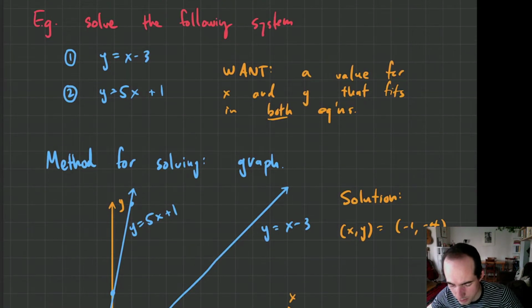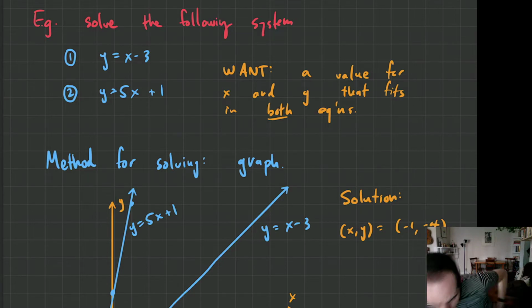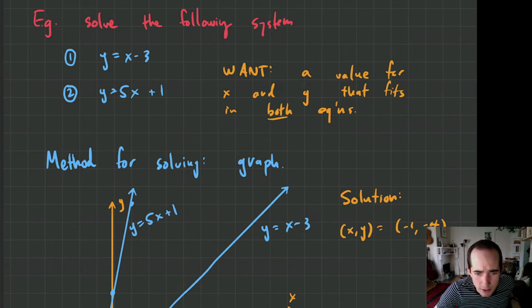So one way to think about it is using this graphing method. Can we solve algebraically if we know how? Yes, we're going to get to that. In the chat someone asked, can we solve this algebraically if we know how? If the question asks you to solve by graphing, then no, you have to solve it by graphing.